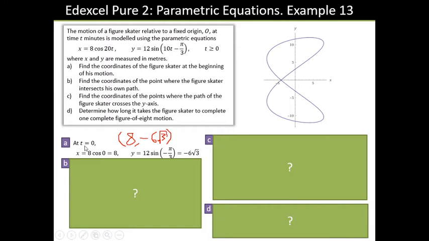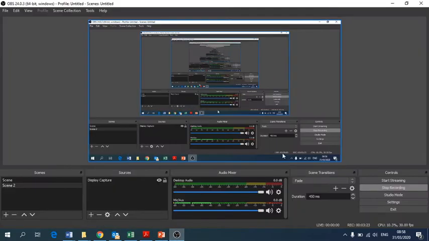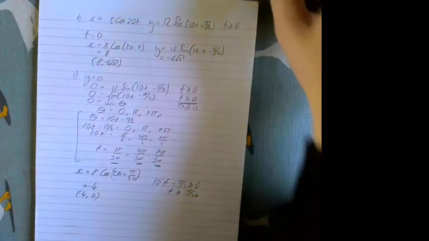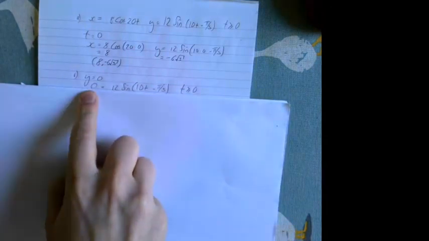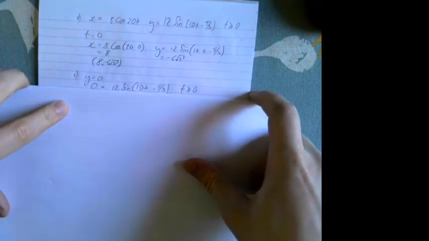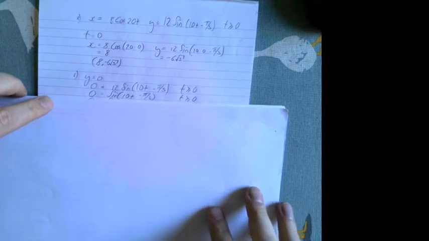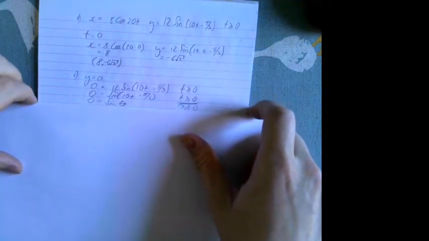If we just have a look at a quick solution of that, my y is equal to 0, so I can substitute 0 in as my y into the equation. You might want to have a go at solving this yourself. We get that 0 is equal to sin(10t minus pi over 3) by dividing through by 12.